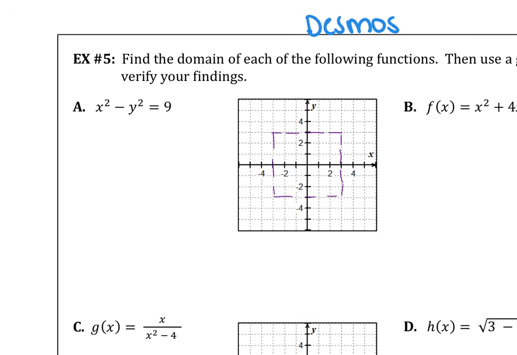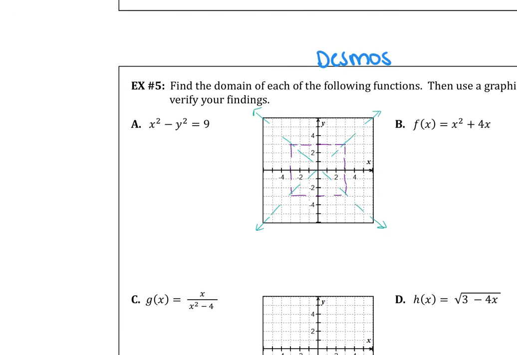We're going to have asymptotes going through the corners. And then because x comes first, it goes down horizontally.